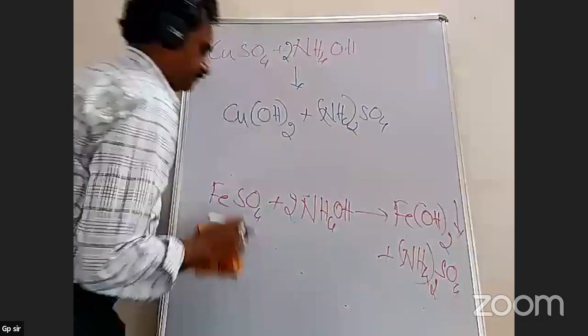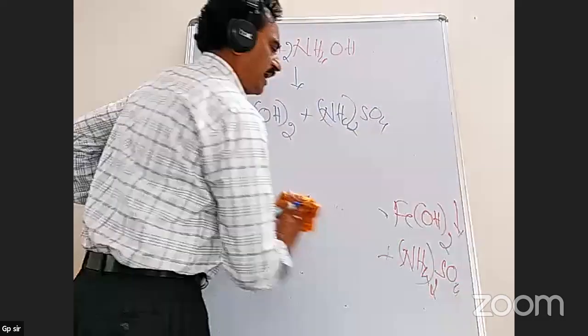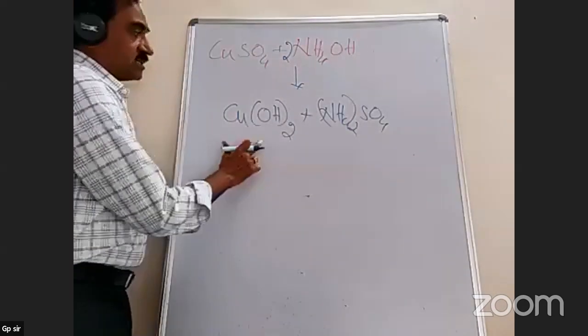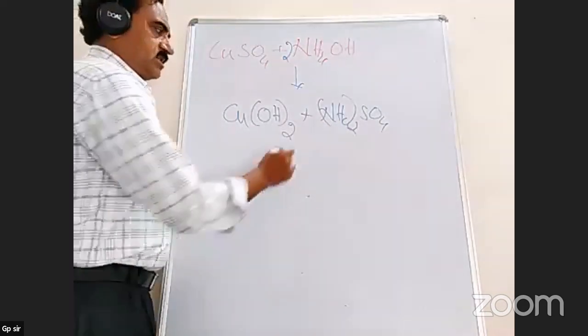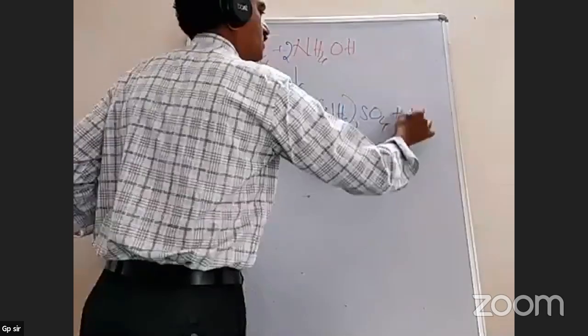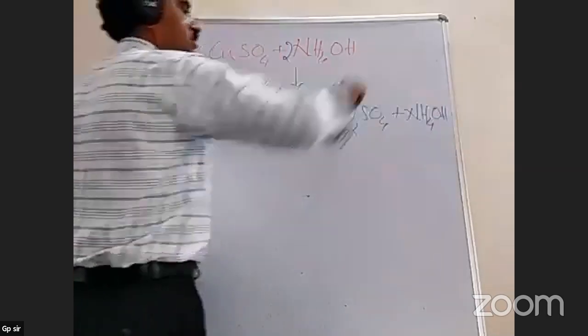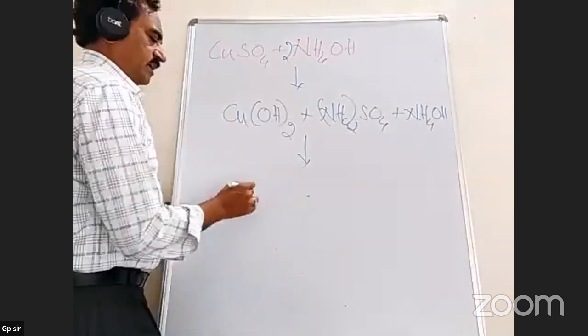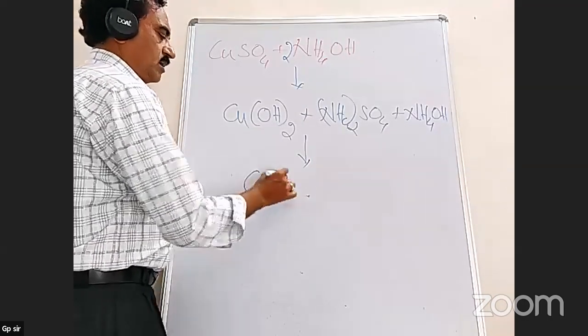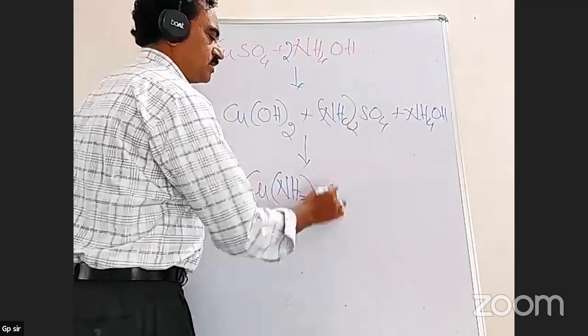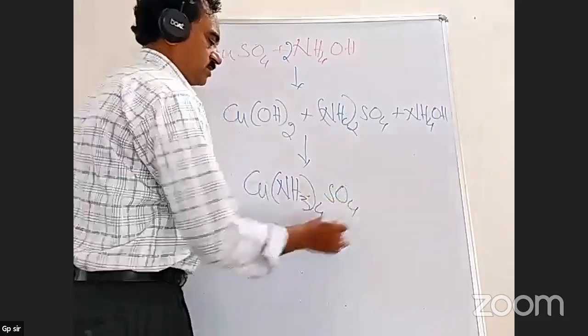But when you have excess of NH4OH, if you add more NH4OH, it forms a dark blue colored complex, [Cu(NH3)4]SO4, with complex formation.